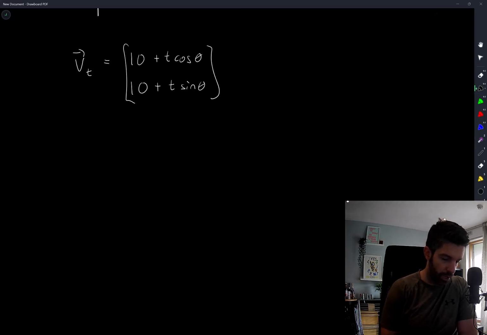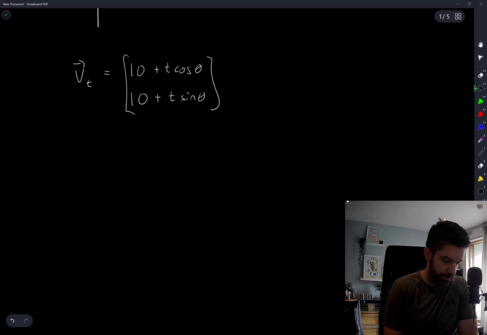So if that's the velocity as a function of time, then the position as a function of time will be the integral of the vector v(u) du from time 0 to t.